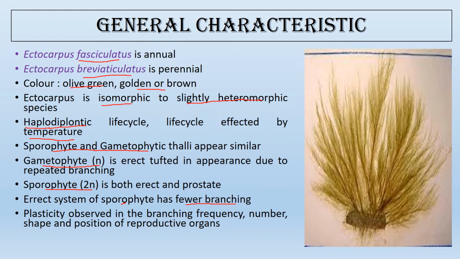But again, the number of branches, the shape and the size all depend upon external factors, that is the chemical nature of the water around it, the temperature and the salinity. So all these determine the external morphology of Ectocarpus.